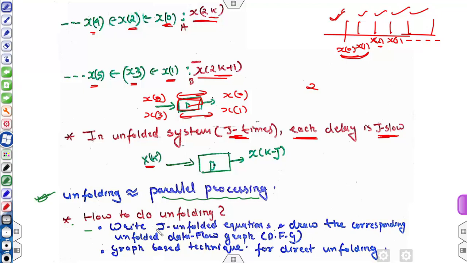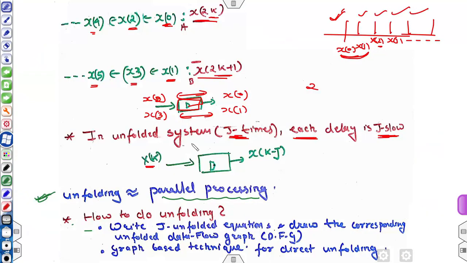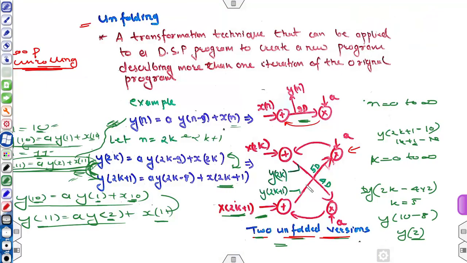So first write J unfolded equations, and for that set of equations draw the corresponding unfolded data flow graph. That is what we have done. For this we have written two equations, then used the concept that delay will be j times slow, and then drawn this circuit.